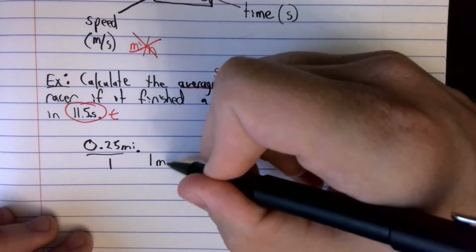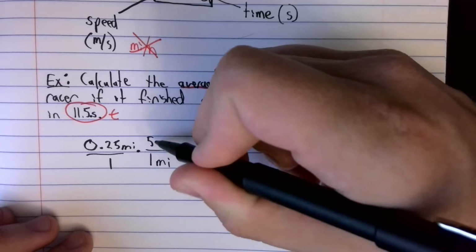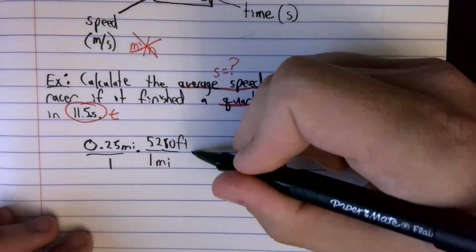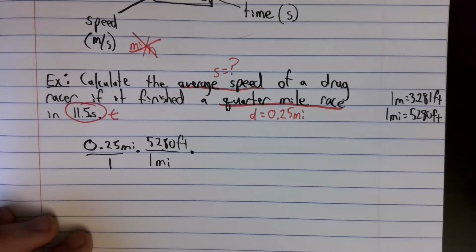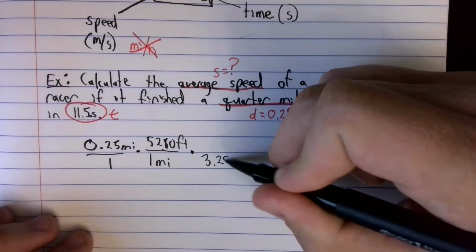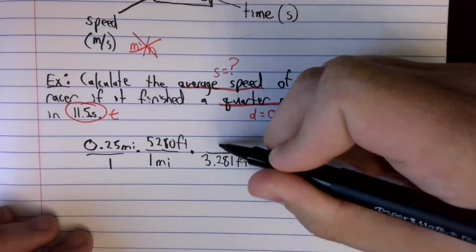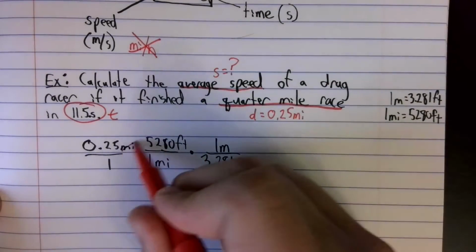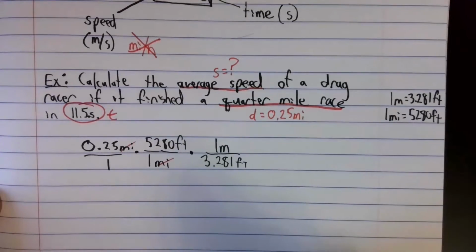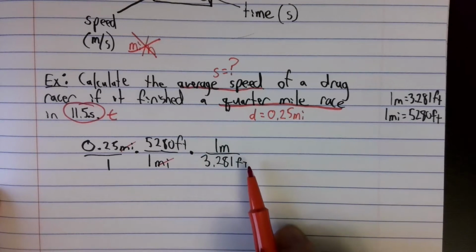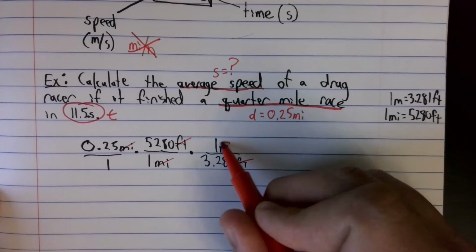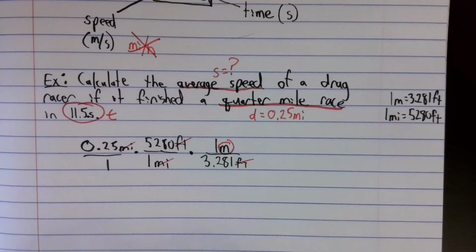I've got 1 mile on bottom, 5,280 feet on top. I've got 3.281 feet on bottom, 1 meter on top. Let's see if everything cancels. Miles cancels miles. I have feet on top, feet on bottom, so those feet cancel, and it looks like I have it.